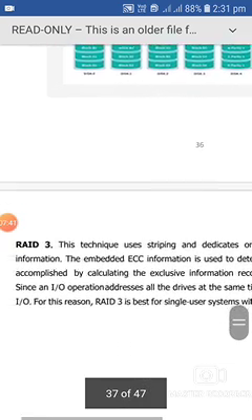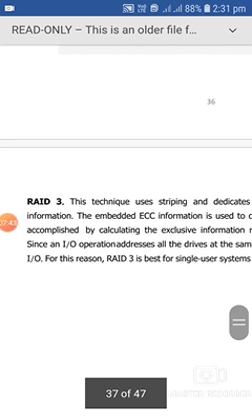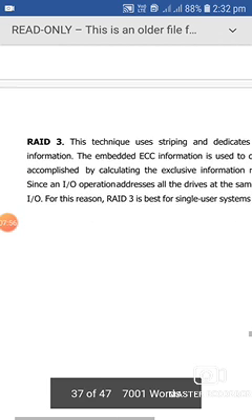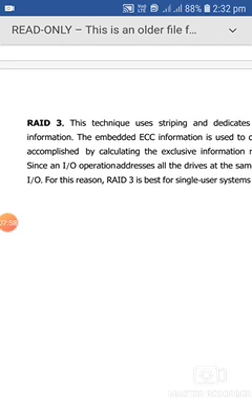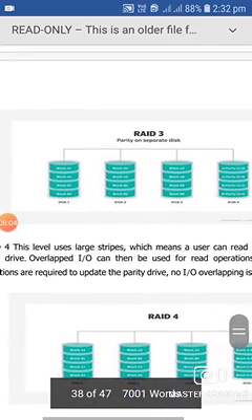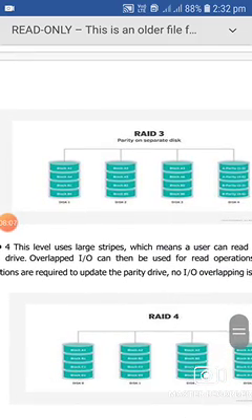சரிங்களா. நெக்ஸ்ட் லெவல் வந்து RAID 3. The technique uses striping and dedicates one drive to storing parity information. The embedded ECC information is used to detect errors. ஓகேவா. ஸோ அது வந்து டயக்ராமில் பார்க்கலாம் என்ன கான்செப்ட் RAID 3க்கு அப்படின்னு சொல்லிட்டு.